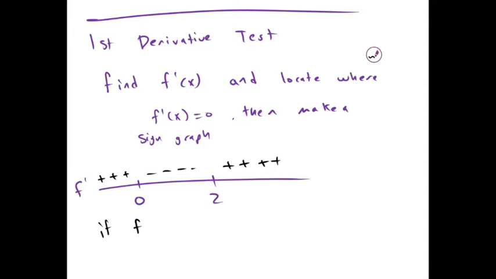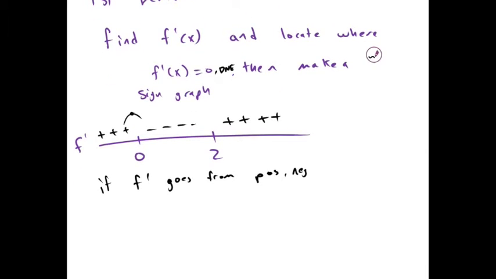If f prime goes from positive to negative, such as here, we have a maximum.